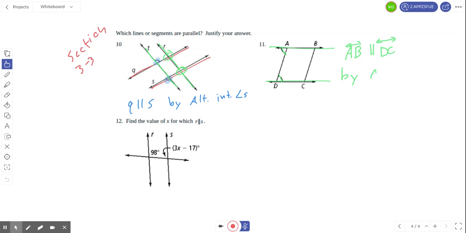Oh, shoot. I made a mistake on this one. Sorry. I wrote interior when I was supposed to write exterior. These angles are on the outside of the parallel lines. So they are exterior. Exterior means outside.